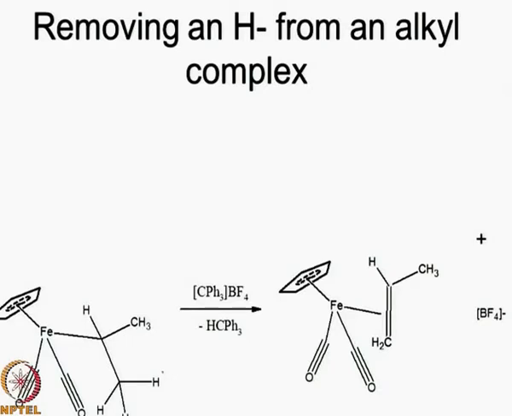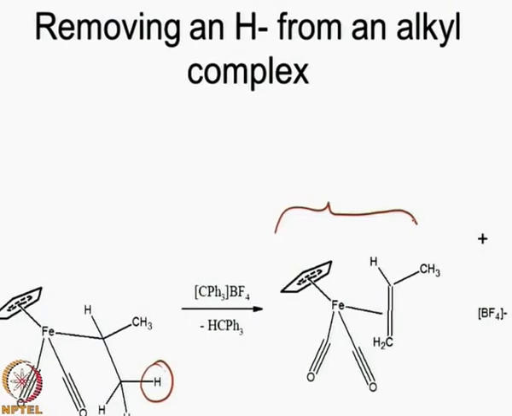And if it abstracts a hydride from an alkyl complex, which we have already learnt about, then one ends up with an olefin complex. In this particular case, it is a propene complex which is formed, and this propene complex is conveniently isolated using this method. So, alkyl complexes can be converted to olefin complexes in a few instances by the use of this trityl cation.